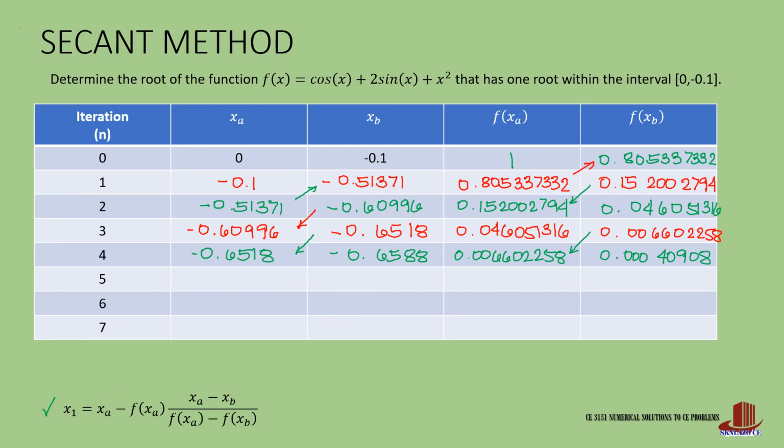Continue the process. Slide our x sub b and its function, and compute for our values of the new x sub b, and also its function.